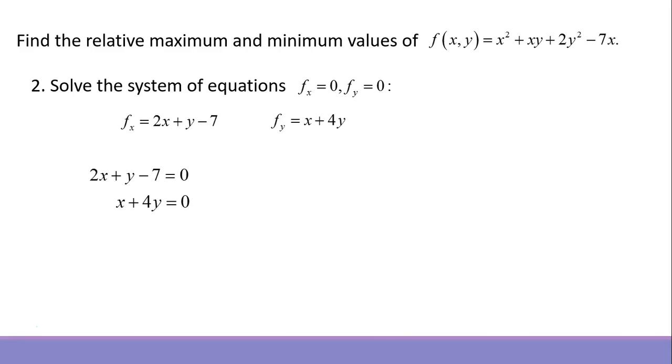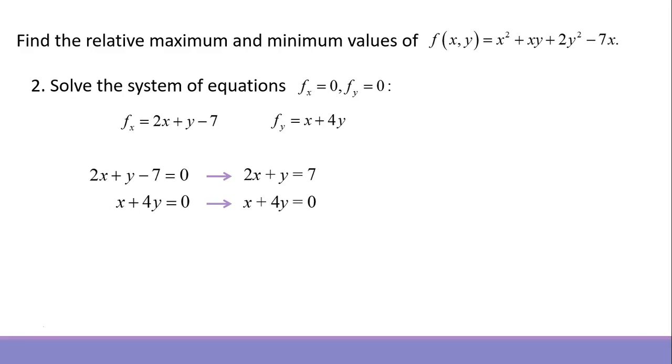Remember, we've got two methods that we can use to solve these systems. We could use elimination or we could use substitution. So for this one, let's try elimination. We'll take the first equation and we'll isolate the variable terms on one side and the constant term on the other.